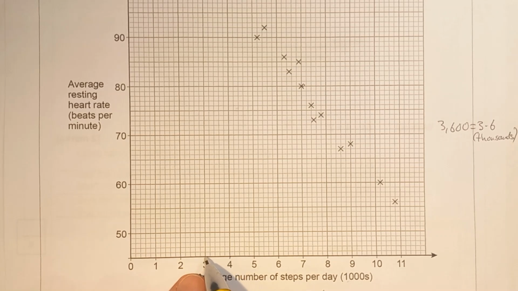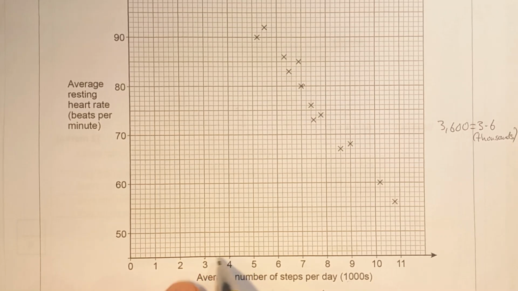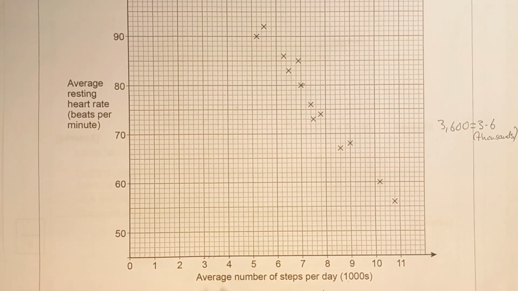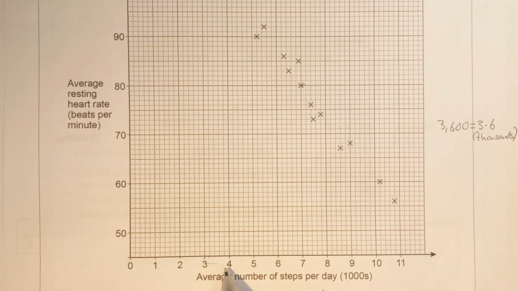Here's 4. Well, we've got 5 squares in here, so each 0.1 can't be 1 square. If we've got 5, that means each of these must be worth 0.2. So in other words, all the way from here to here would be 1,000, and we had 3,600, so we want 600 out of 1,000.